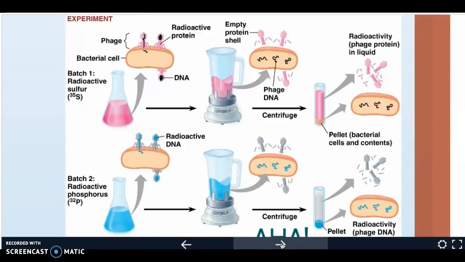They took the viruses and labeled sulfur in one and phosphate in the other, and they injected it into the bacteria. Whichever one showed up in the bacteria, whether the sulfur or the phosphate, that's what told them what it was.